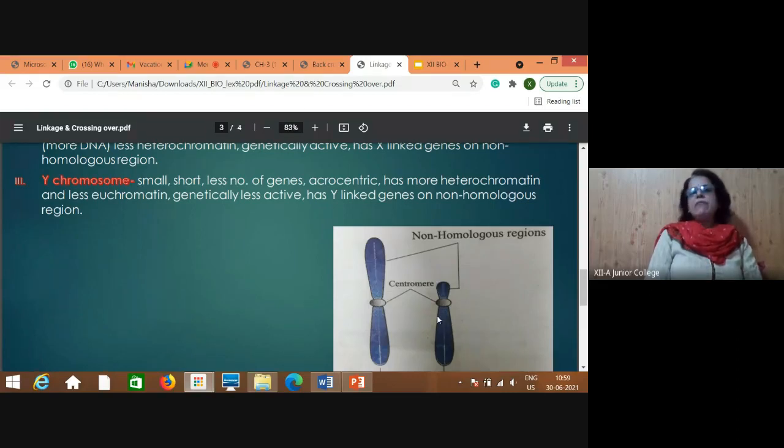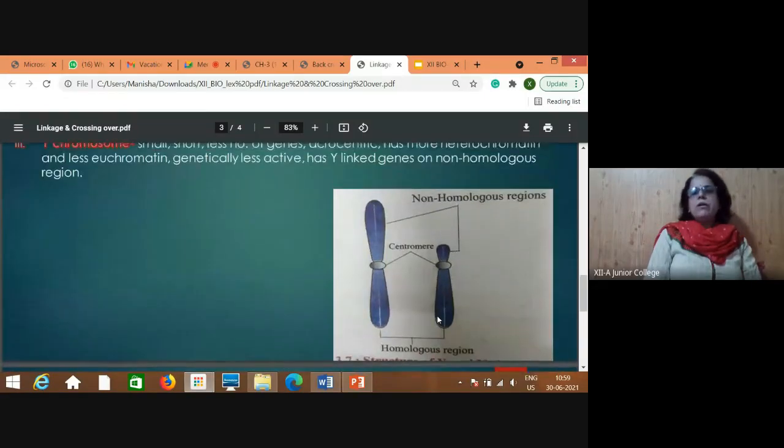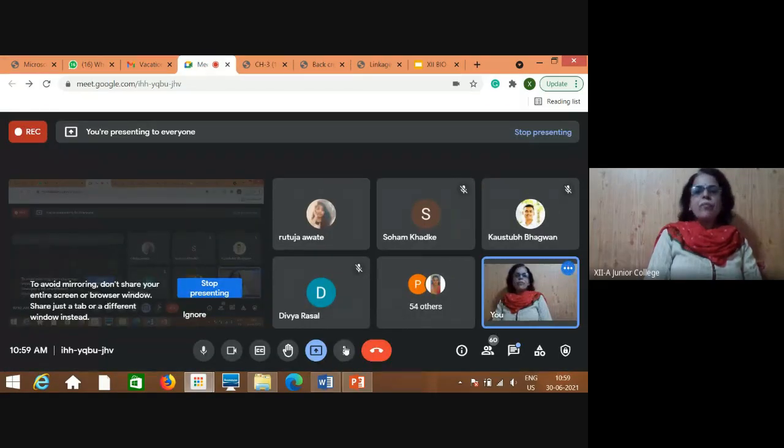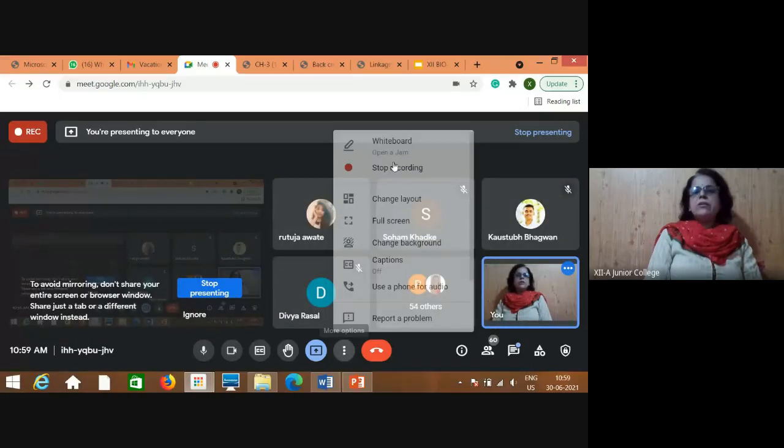So genetically the Y chromosome is less active than the X chromosome. So this is about the structure of the X and Y chromosome, as well as incomplete and complete linkage that we spoke about. Here we will stop.